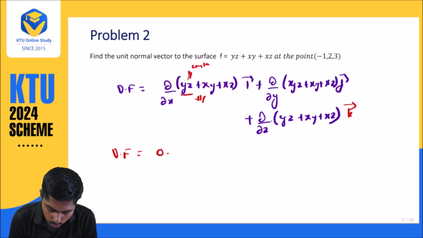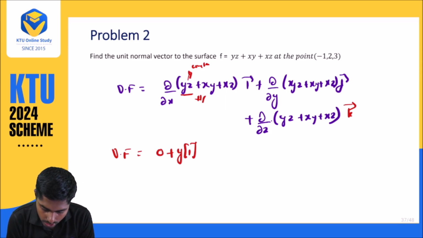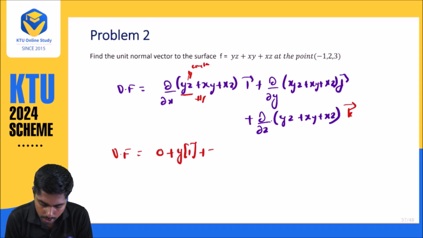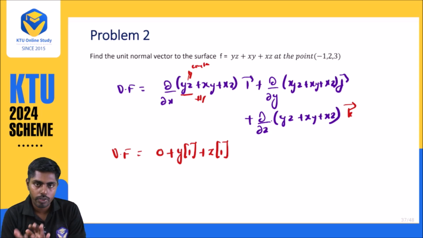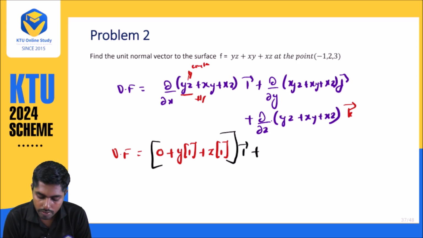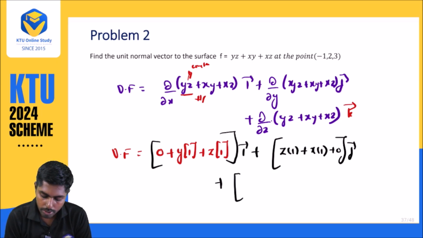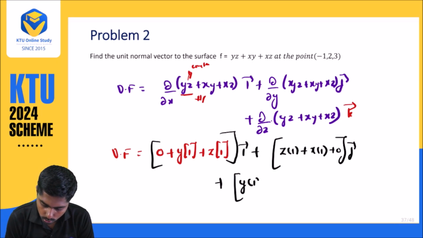So we will be getting 0 plus, when you are differentiating xy, it will become y into 1, and when you are differentiating xz, z is constant and the derivative of x is 1, so we will be getting y plus z i vector plus, partial derivative with respect to y, z into 1 plus x into 1, 0 plus 0 into j vector. Similarly, partial derivative with respect to z, we will be getting y into 1 plus 0 plus x into k vector.